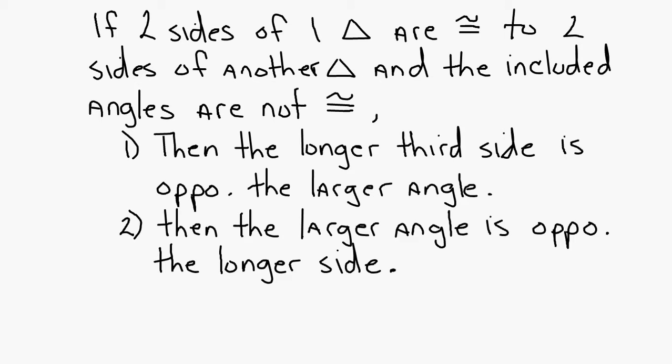So here's how you'll apply it. Let's say you're given two triangles that look something like this. This angle in here is 90, and this angle is 70.